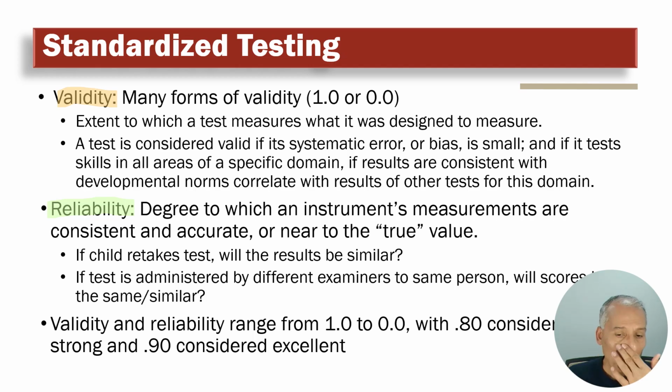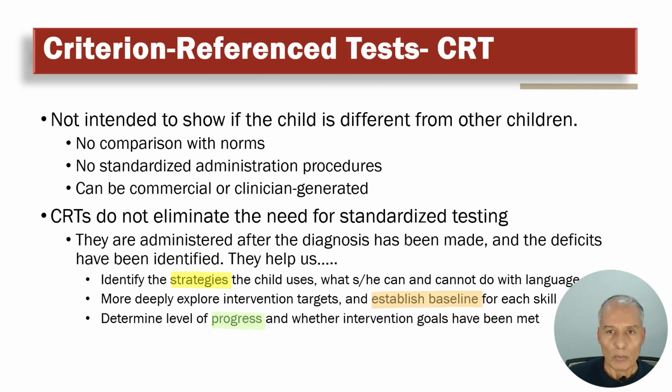However, we had to use it because of lack of other testing. However, I haven't experienced that. There are so many tests out there, and they're always consistently above 0.8.